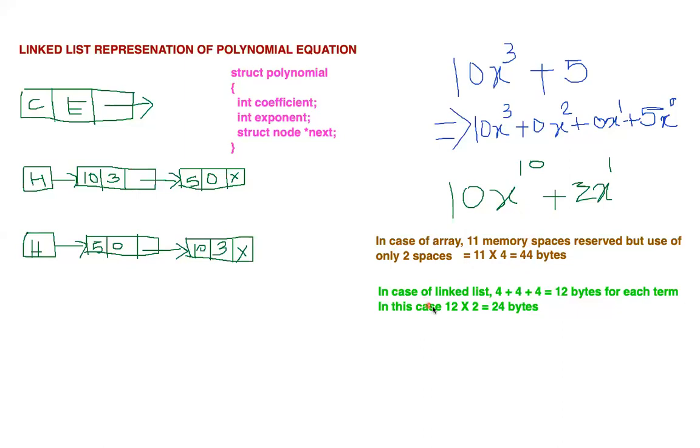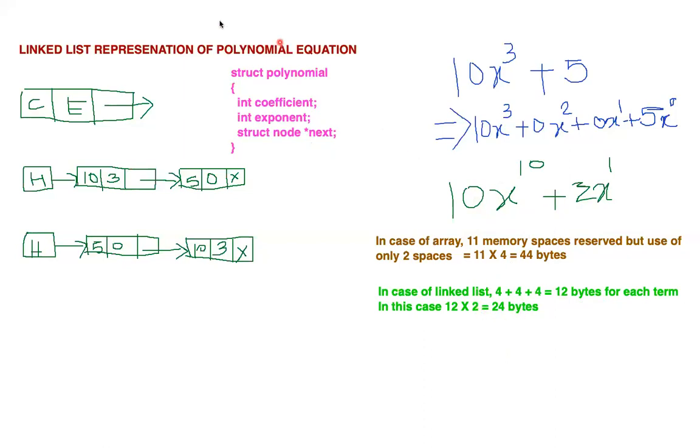But if we look at the linked list representation of this case, for each term there will be 4 bytes for the coefficient, 4 bytes for the exponent, and because the address is an unsigned integer type, it will again be 4 bytes. So it will be 4 plus 4 plus 4, that is 12 bytes for each term. Here we have a total of 2 terms, so the memory space reserved in a linked list for 10 x to the power 10 plus 2 x to the power 1 will be only 24 bytes.